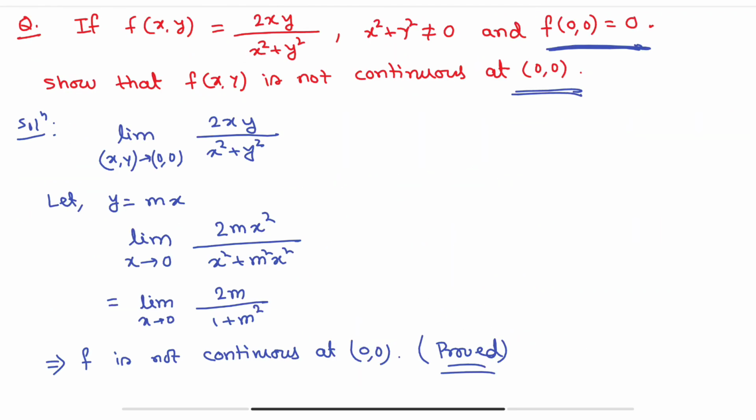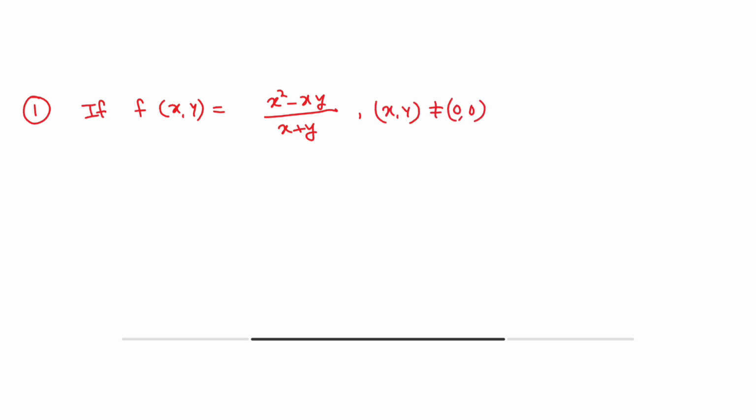I will give you some homework. First question: if f(x, y) equals x square minus xy divided by x plus y, where (x, y) is not equal to (0, 0), and this equals 0 if (x, y) equals (0, 0).